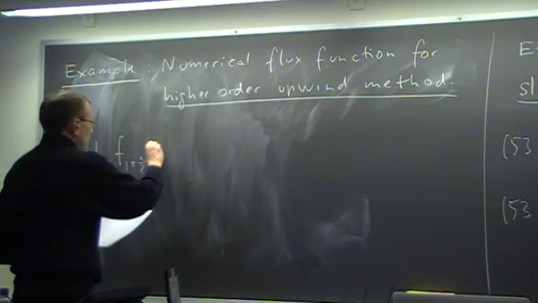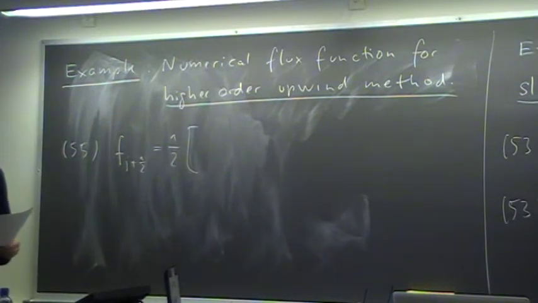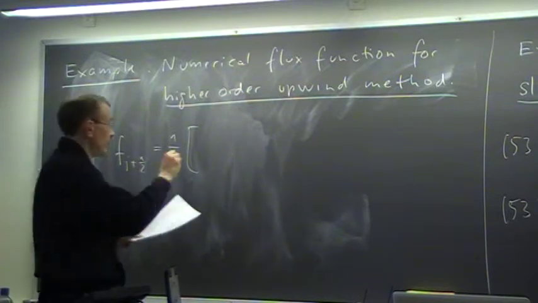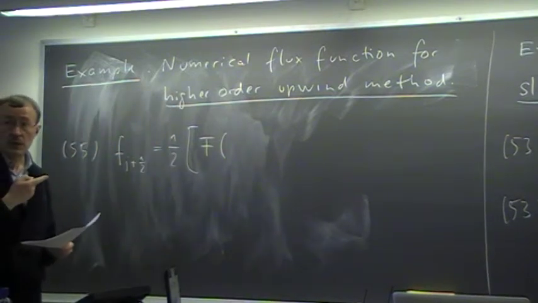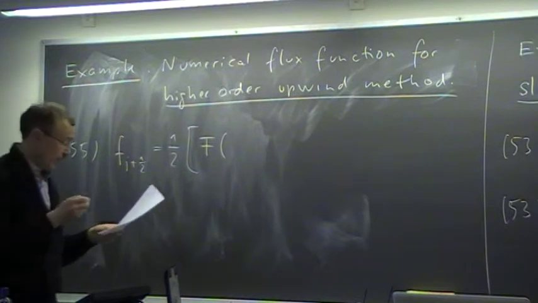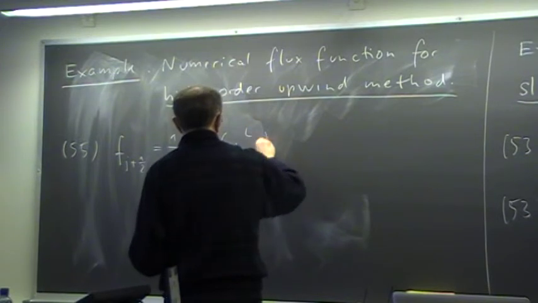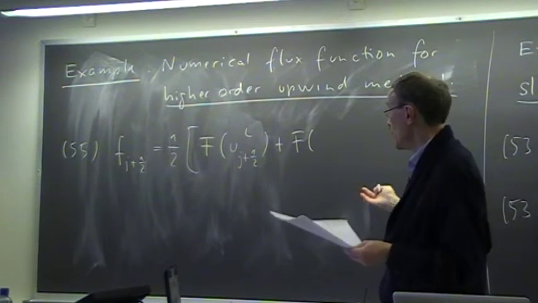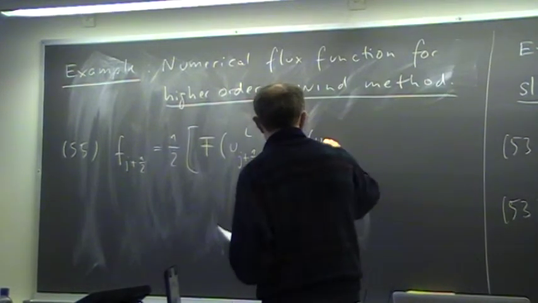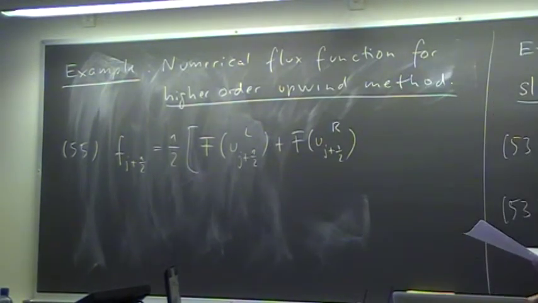So what we do here is that we take our flux function, and everywhere where we had before the u_j, we take now the u_{j+1/2} left, the left extrapolated type. That means we evaluate the flux function in our conservation law, capital F, with not u_j, but with u_{j+1/2} left. And then instead of taking the flux function at u_{j+1}, we take it at u_{j+1/2} right. So that is the average of the flux functions.